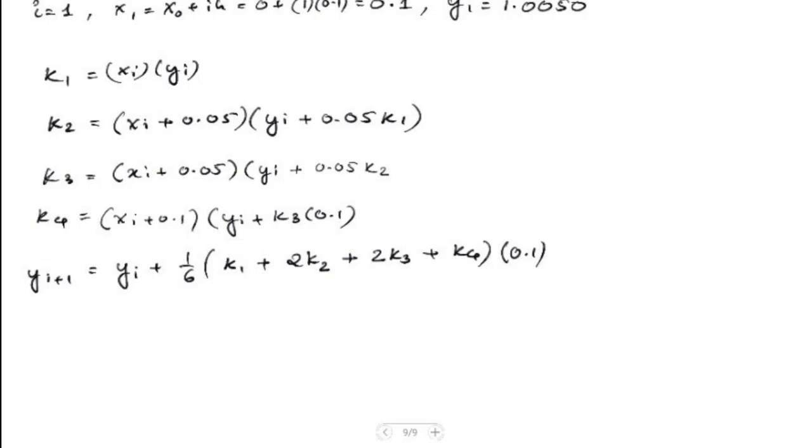So for k1 we have, this time we'll have x1 times y1. So we'll take all x1 and y1 for all xi here and yi.